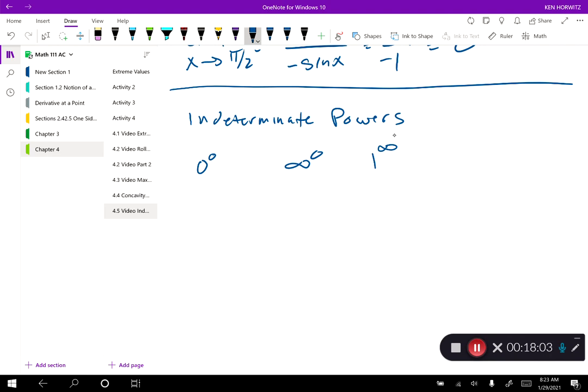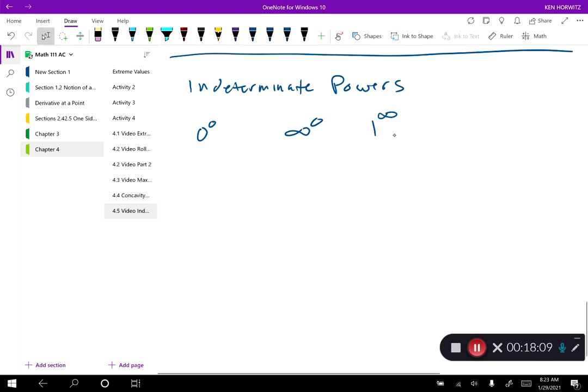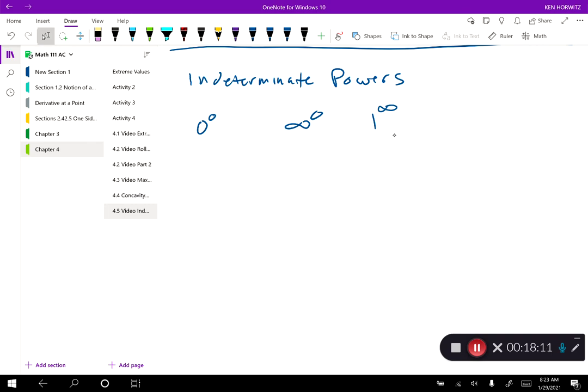All right, they're all indeterminate powers. I'm going to do one example with one of the indeterminate powers, just so you can see kind of things that you can do with them, just in case you run across them. But again, for my taste, I'm not using a whole lot of these indeterminate powers.